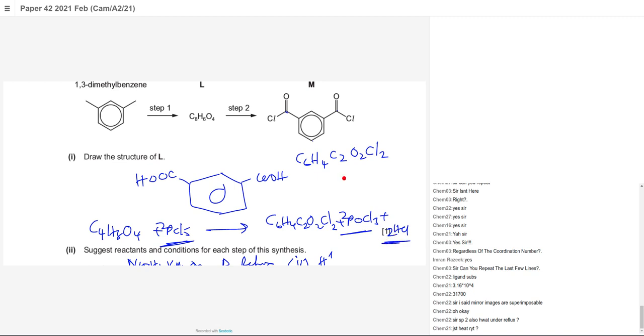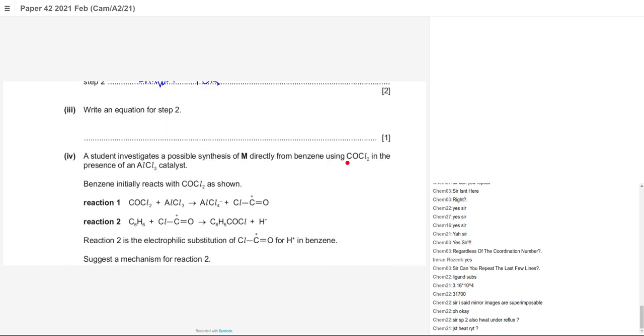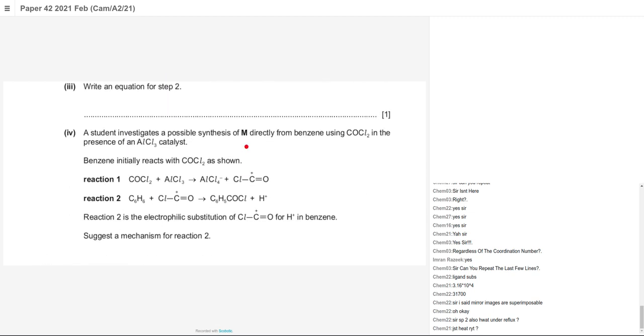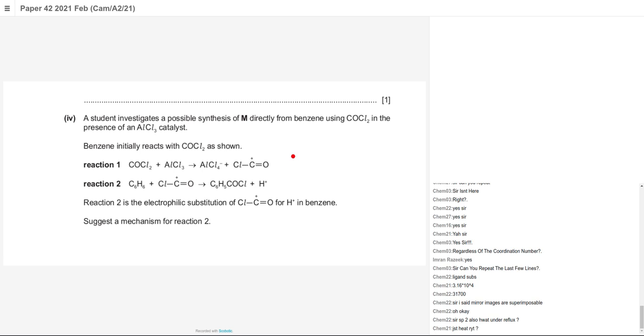So 2 OH, 2 PCl5s, right? And POCl3 and 2 HCl are the byproducts. So don't investigate a possible synthesis of M directly from benzene using COCl2 in the presence of AlCl3 catalyst.